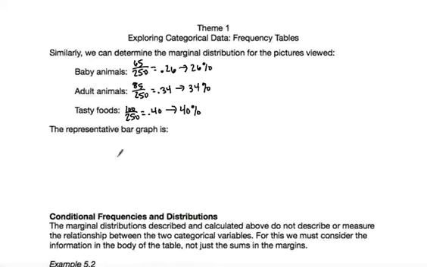And so you could also make a bar graph for this one. So this time, our x-axis would be labeled as pictures viewed. And so you would have your baby animals, your adult animals, and then your tasty food.